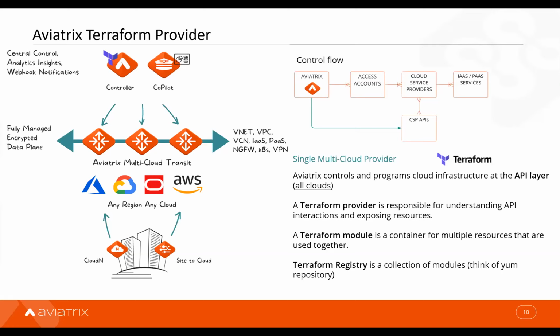And another key concept is a Terraform module. So a Terraform module is a group of configurations that are put together to drive a specific outcome. And that would be, let's say I want to build a transit or a spoke. I want to build a VCN, and I also want to build a gateway, and I want that in HA configuration. If I group all of that configuration together, I can put it into a module.